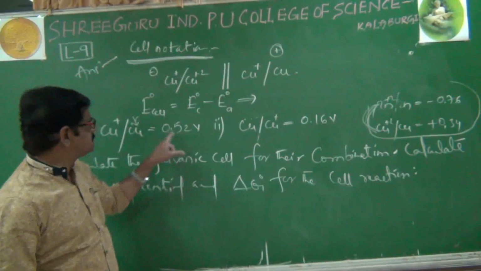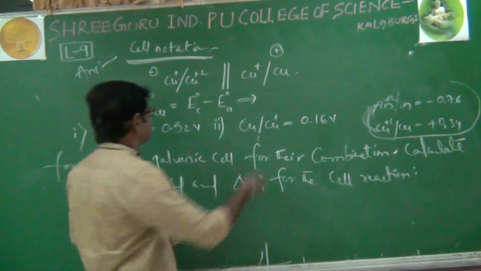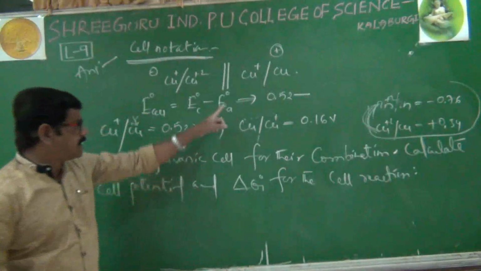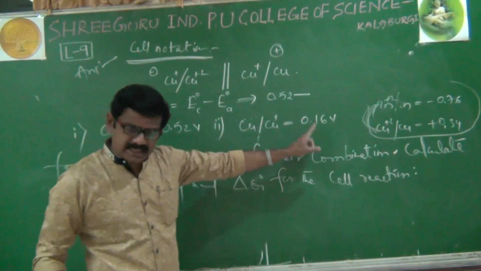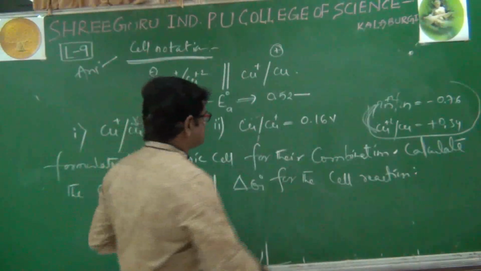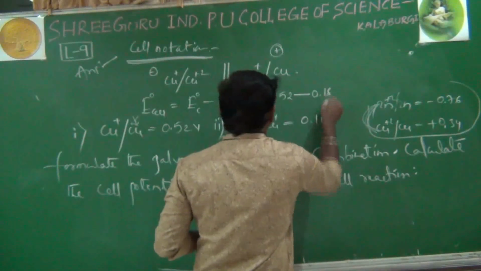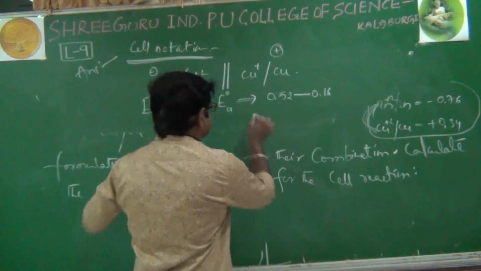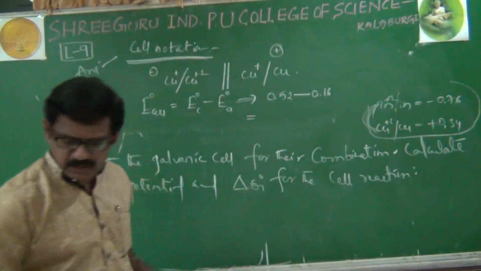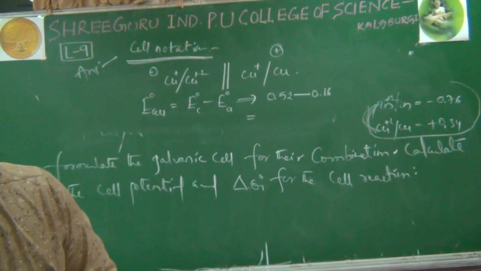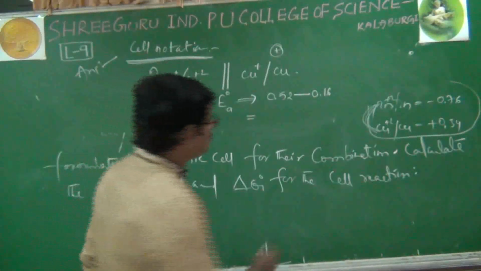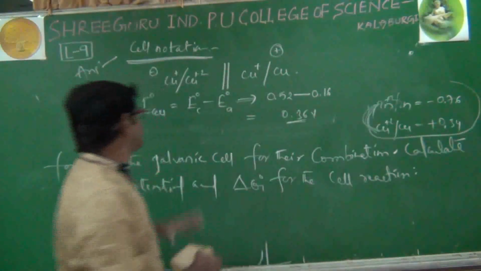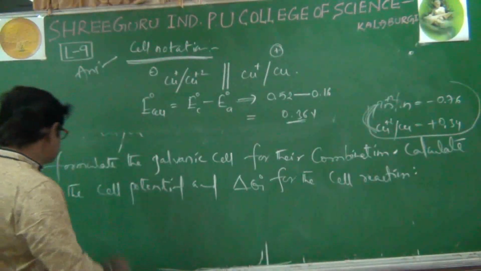So this is acting as cathode: 0.52 minus the anode. Anode is nothing but the less SRP electrode, 0.16. Right. If you subtract both values, you will get 0.36. 0.36 volts is the cell potential value. This also we have calculated.